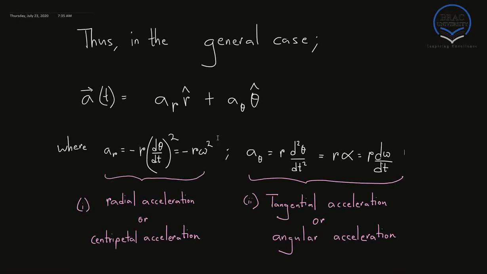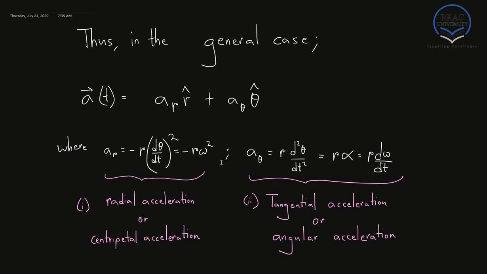In the general case, therefore, this a t is no longer simply pointing in a radial direction, right? Remember, in uniform circular motion we had this centripetal acceleration, it was always pointing radially inwards. In the general case, what we find is that there is a component that points radially inwards, and it looks like r omega square, and that this component does indeed change with time.